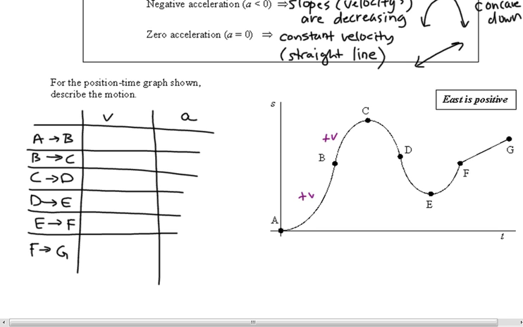C to D, we're going downhill, negative velocity. D to E, negative velocity. E to F, uphill, positive velocity. And F to G, constant velocity, but it's also positive velocity. So we have plus, plus, negative, negative, plus, plus, but constant.